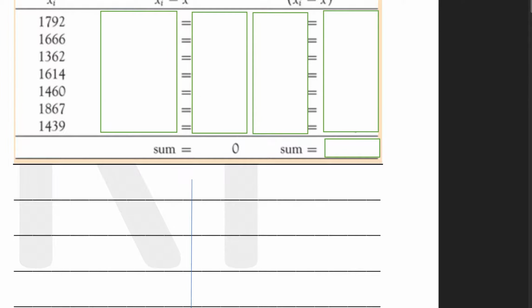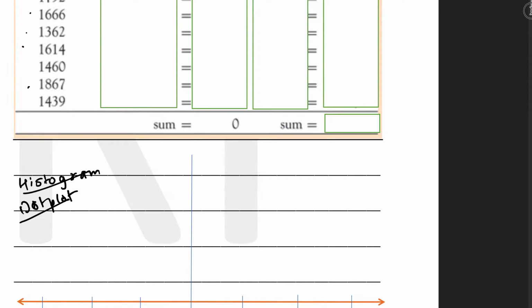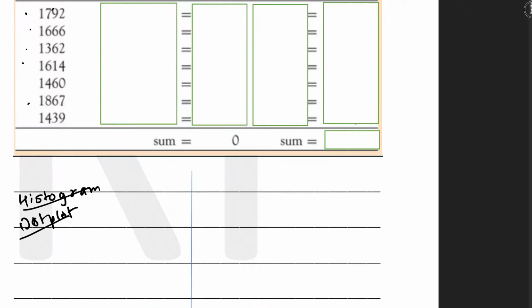Then let's plot a dot plot here. That's the extension, or the first step, for a histogram. Now instead of a histogram we are going to create a dot plot, because it's a smaller data set. It's based on the same principle, but we just represent it in the form of dots.